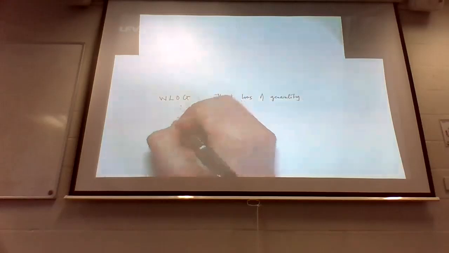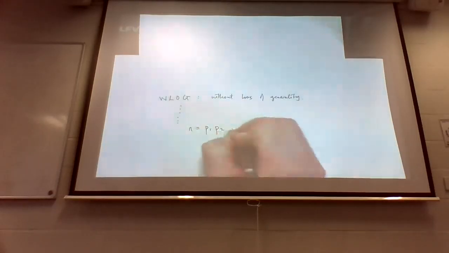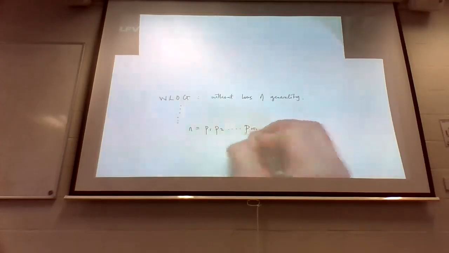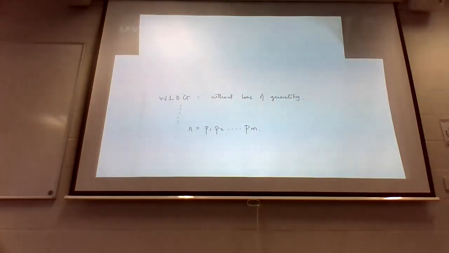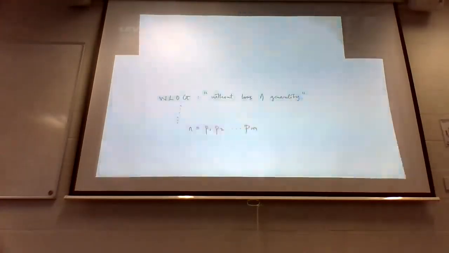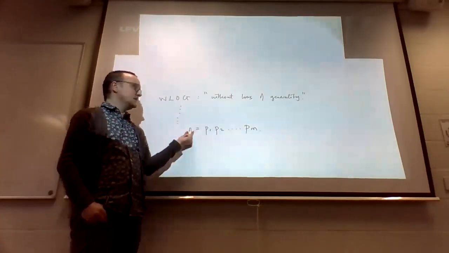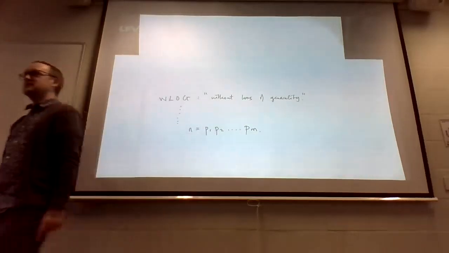Now, let's suppose you were in the middle of some argument, just to give an example of where we would use this phrase. In the middle of the argument, you were dealing with the number n, which had a prime factorization.